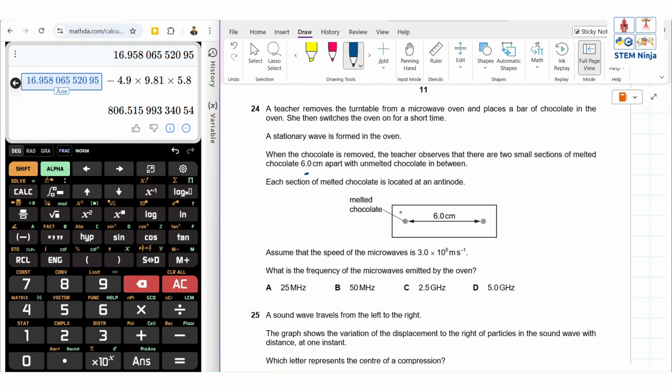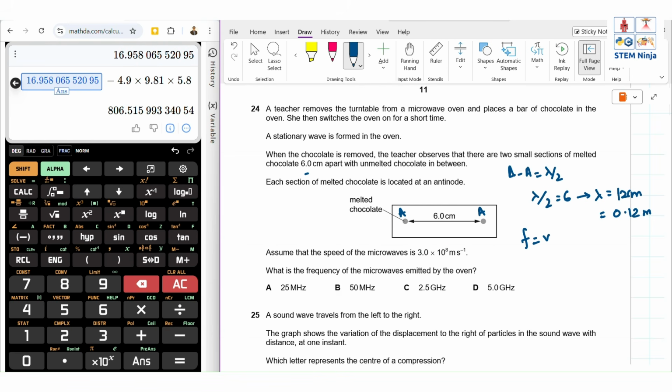Okay. So this is an antinode, this is an antinode. So this length over here, antinode to antinode, we know the distance between antinode to antinode is lambda by 2. So this length, lambda by 2, is equal to 6 centimeters, which means that lambda is 12 centimeters, or 0.12 meters. Now we need the frequency.